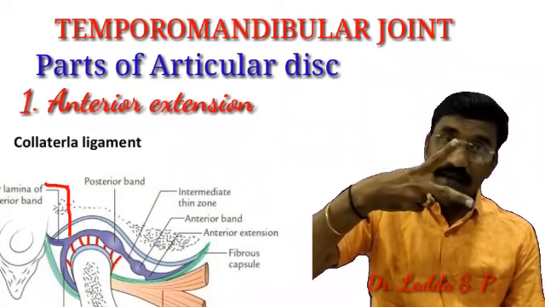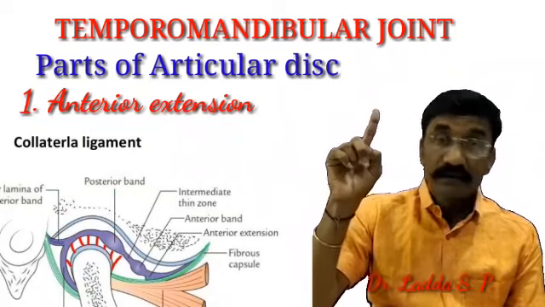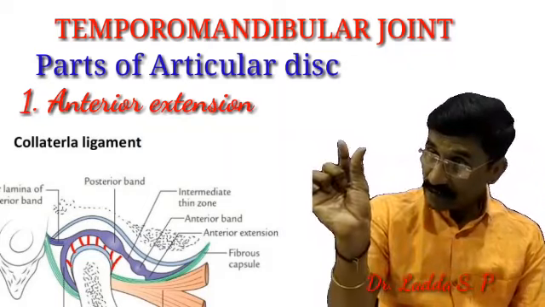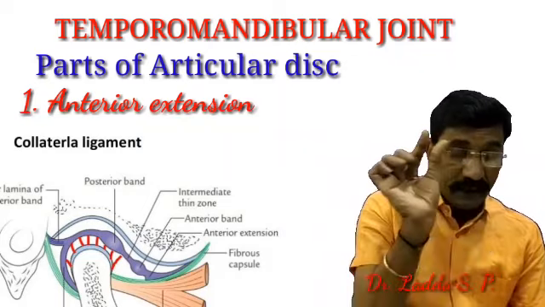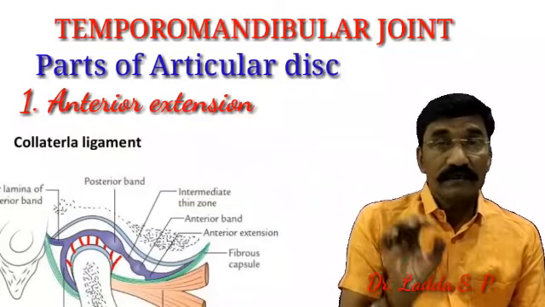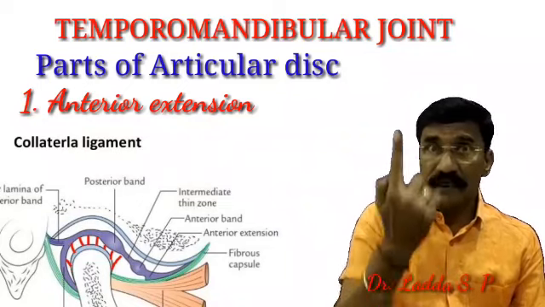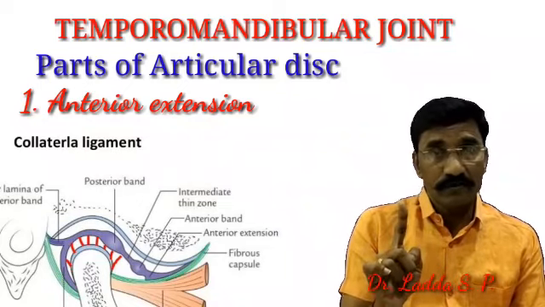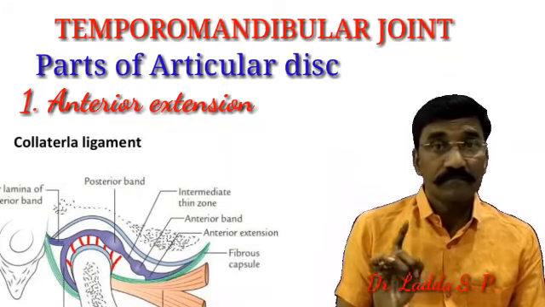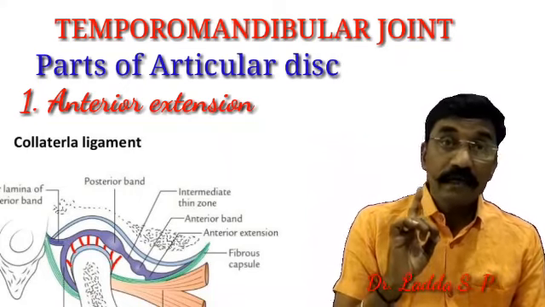Bi means two, lamina. In between the anterior thick band and the posterior thick band there is a zone called the intermediate zone. In front of the anterior thick band there is the anterior extension, and behind the posterior thick band there is the bilaminar region.